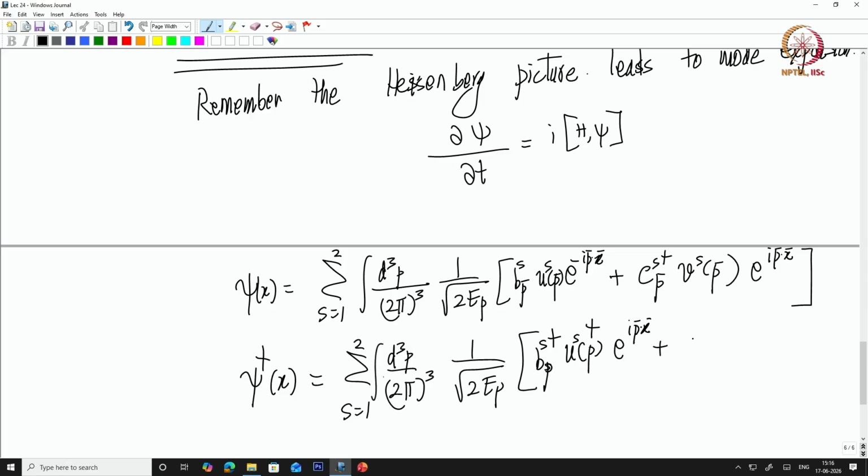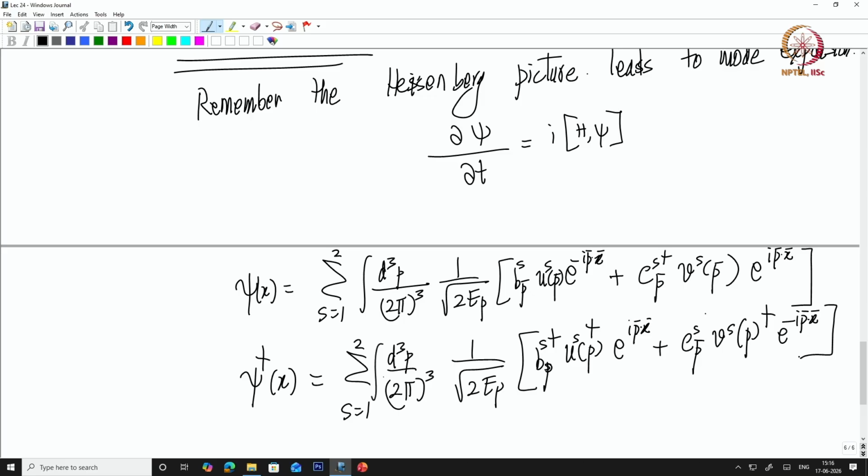So this is nothing but a conjugation of this one. So c s of p, v s of p dagger, e power minus ipx.